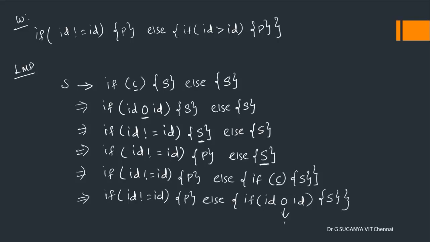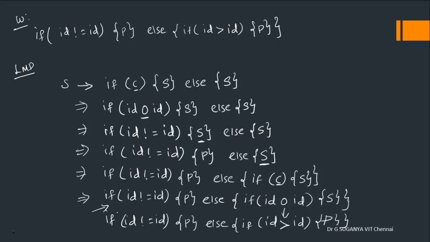This O alone will get replaced by greater than. Then in the next step, this S will get replaced by P. So finally, we will have the string. It should go step by step. I am just skipping one step, but you have to write it step by step.